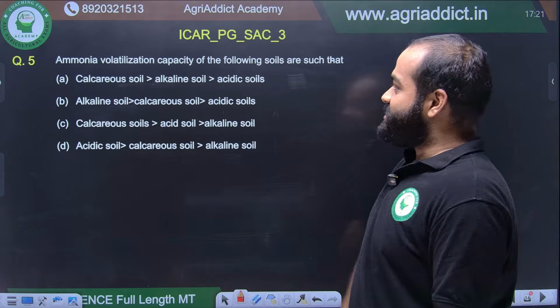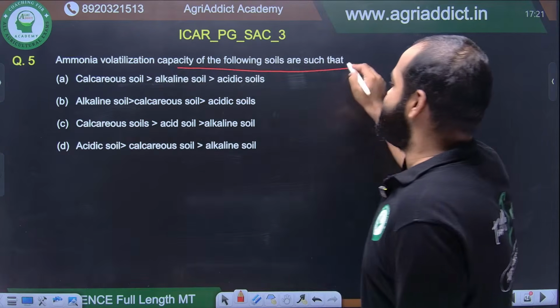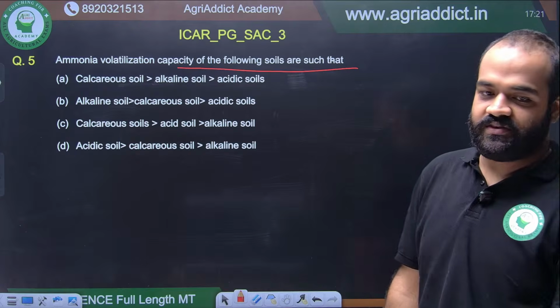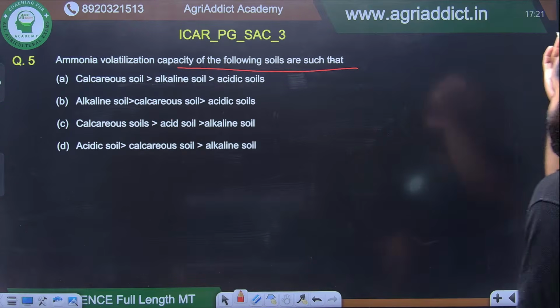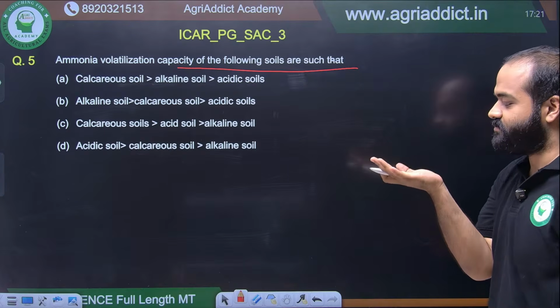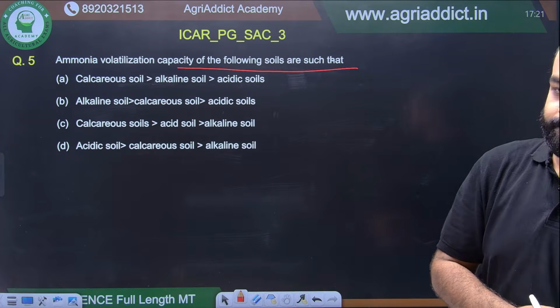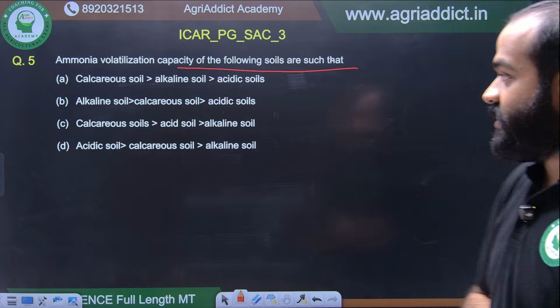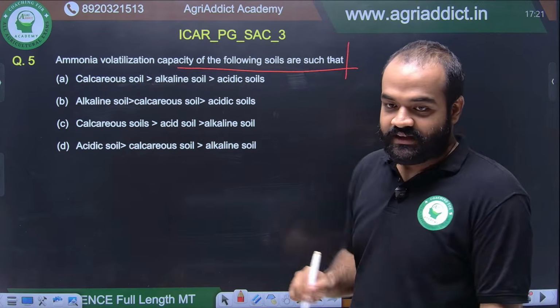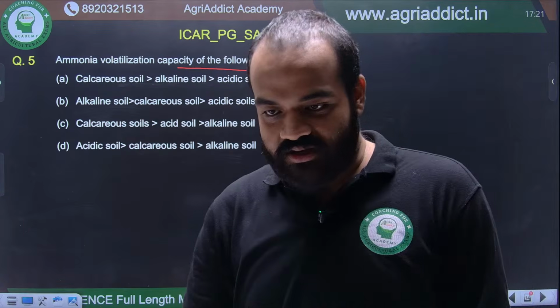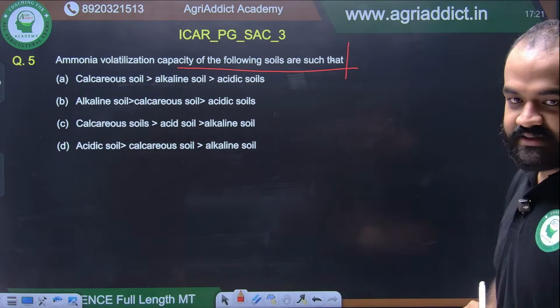Ammonia volatilization capacity of the following soils are such that, this is also a very easy question. I don't think you will be needing much time for solving this. Can you please tell? Aman Kumar is telling B, Anil Jat is telling B, alkaline, calcareous, acidic.